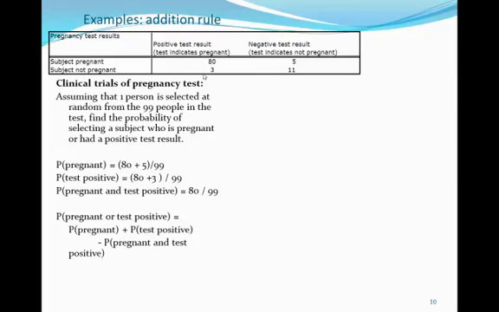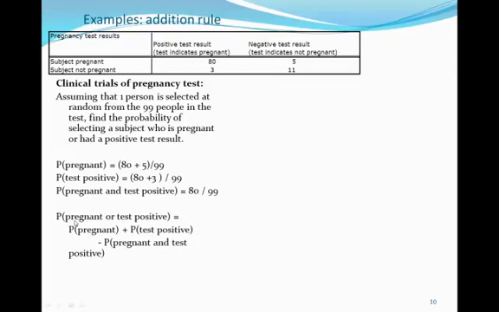So probability of pregnant equals 80 plus 5. Total people who are pregnant is 80 plus 5, which is 85 over 99. Probability of positive test result equals 80 plus 3, on this particular row, which is 83 over 99. And probability of pregnant and test positive, which is the intersection of pregnant and positive test results, is 80 over 99.